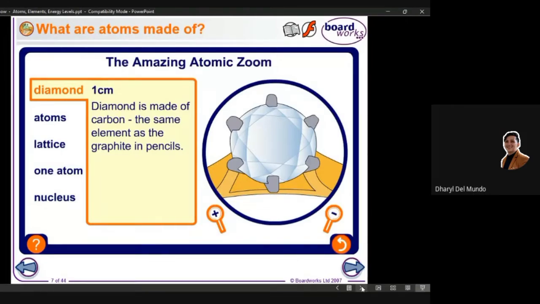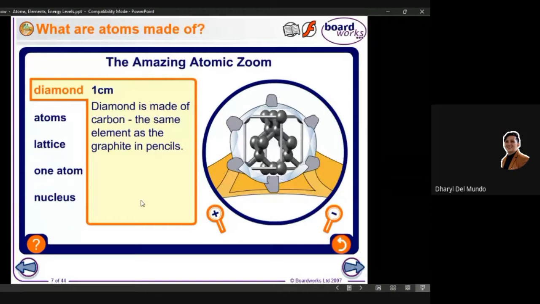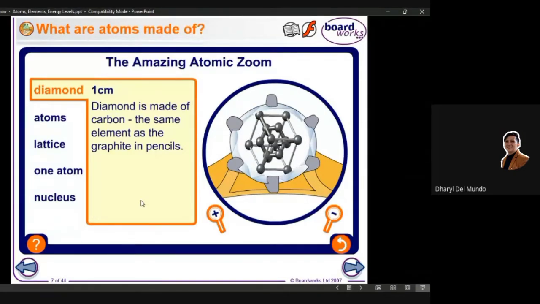Since we know that diamond is made up of carbon atoms, there is what we call a lattice. A lattice looks like this one. As you can see, it is a symmetrical structure that shows the different bondings in carbon. It's a 3D model that shows how diamond looks like, a crystal.